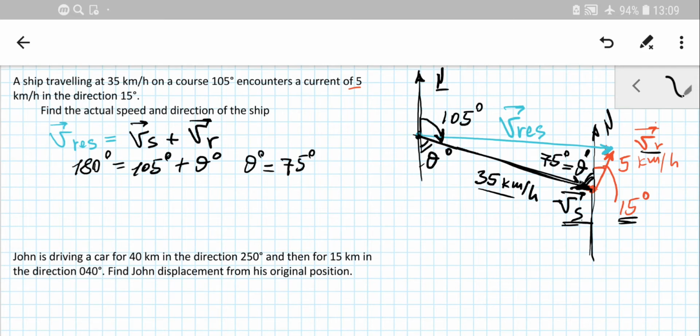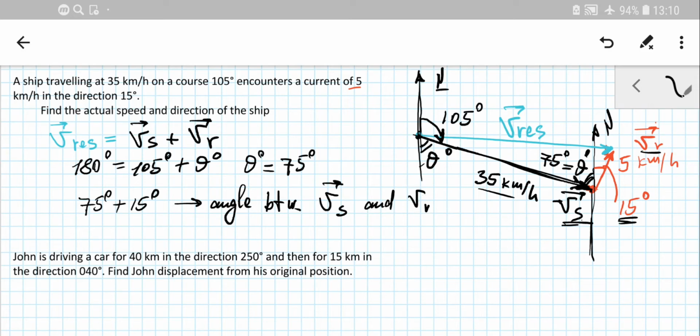So angle theta, which is 75, plus 15 will give us the angle between the vector Vs and the vector Vr. Hence, in total, it's 90 degrees.